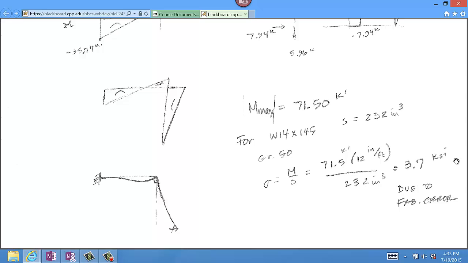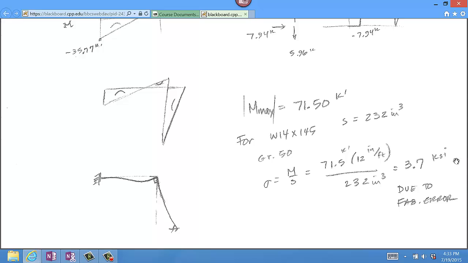And so typically, if you're using allowable strength design, you'll design to a fraction of the yield strength. In other words, you don't want the loading to reach the yield strength of the material. And so for this cross section, you might design to about 25 or 30 KSI instead of the 50 KSI.